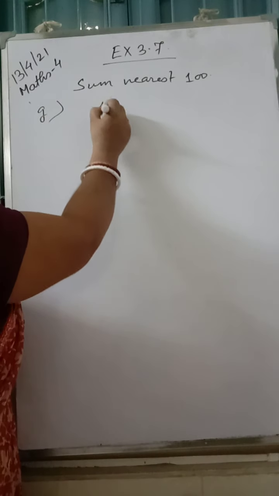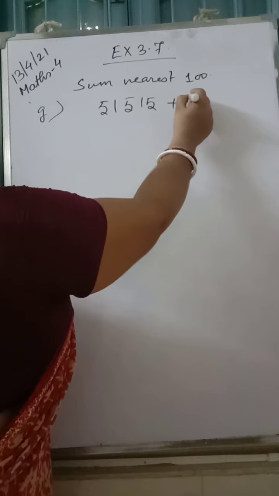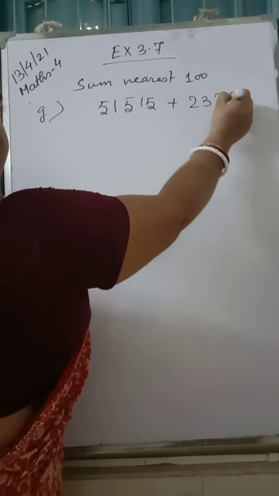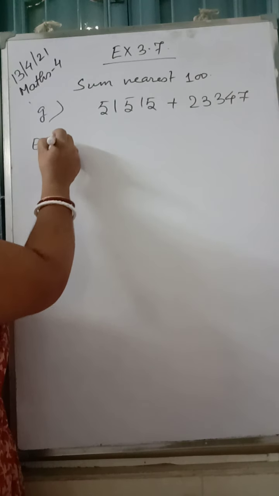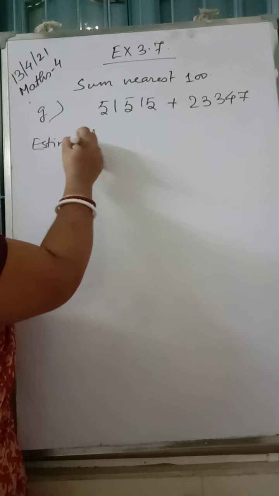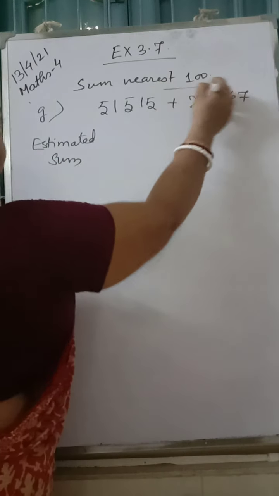Look at question number G. It says 51,515 plus 23,347. Now what would be the estimated sum? I don't have to see whether the number consists of thousands place or 10,000 place. We have to round to the nearest 100.